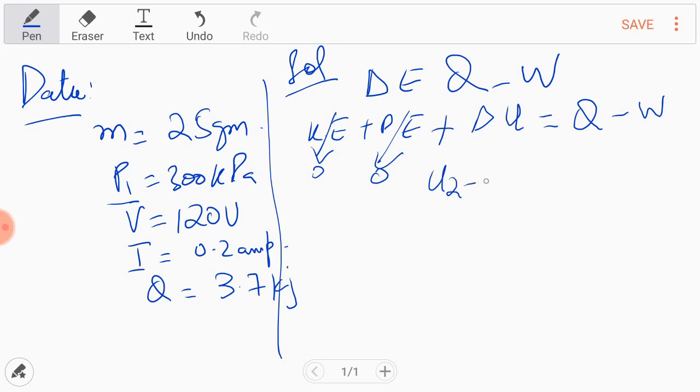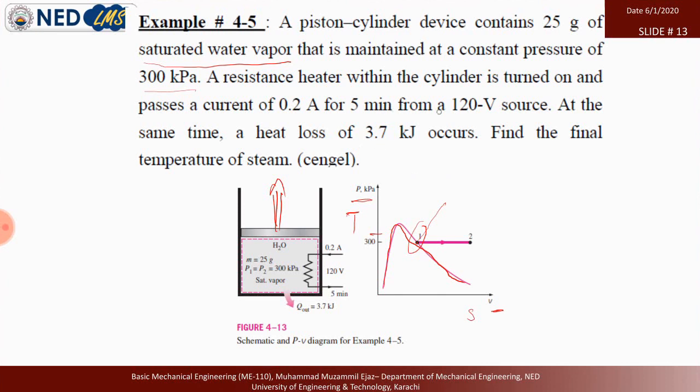So by opening this, we can write delta U, which is U2 minus U1, equal to Q. We have to see whether it is heat loss from the system or gain to the system, and then mark the sign accordingly. In this case, a heat loss of 3.7 kilojoules occurs.